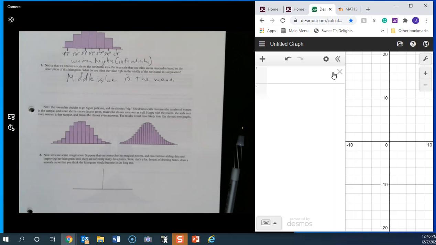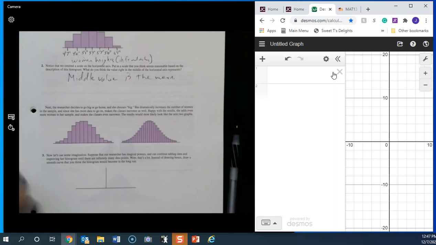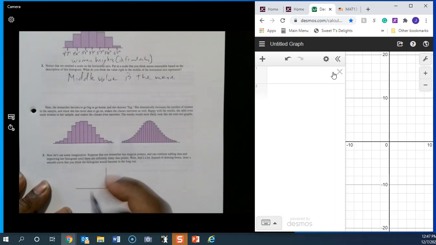Now, let's use some imagination. Suppose that our researcher has magical powers and can continue adding data and improving her histogram until there are infinitely many data points. Wow, that's a lot. Instead of drawing boxes, draw a smooth curve that you think the histogram will become in the long run. All right, so I'm going to try my best here.